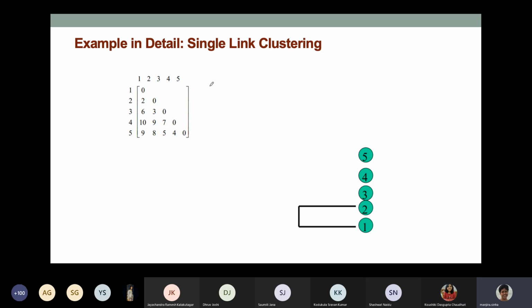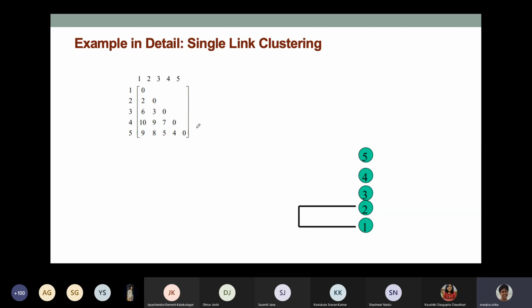So this is actually the matrix representation of a graph or a network which has 5 vertices. So 1, 2, 3, 4, 5 and 1, 2, 3, 4, 5 on this side. As we do not have any self connection, all the diagonals are 0. And this value represents the edge weight between node 1 and 2.